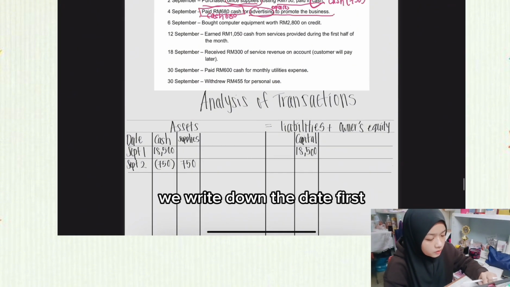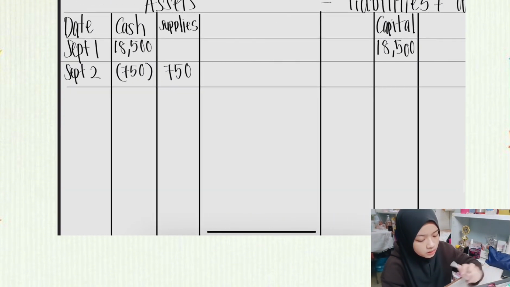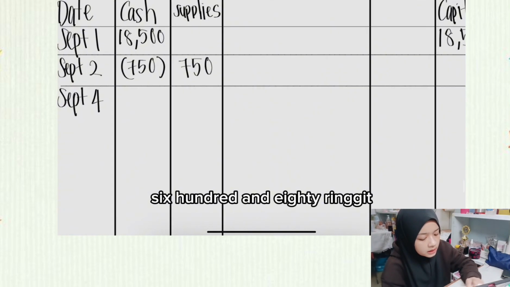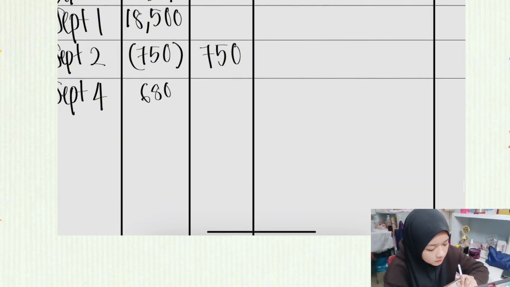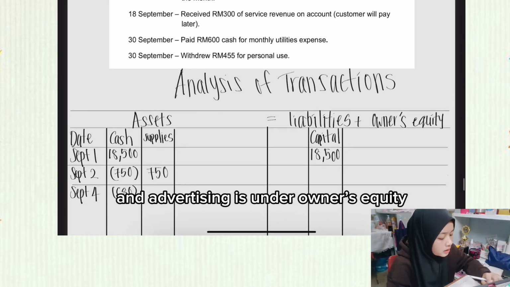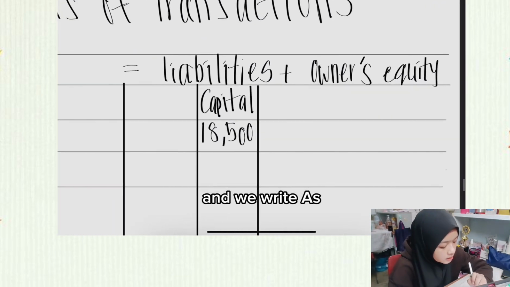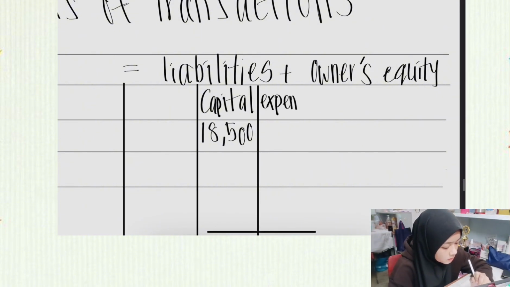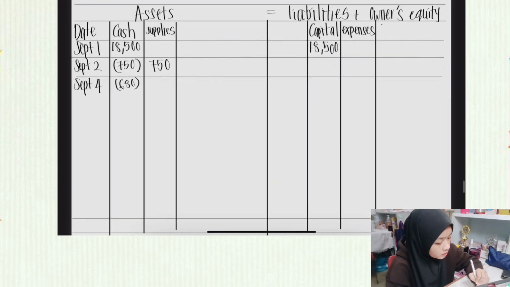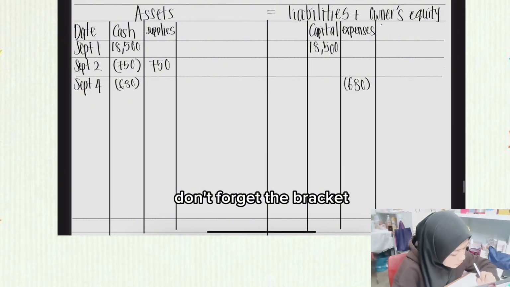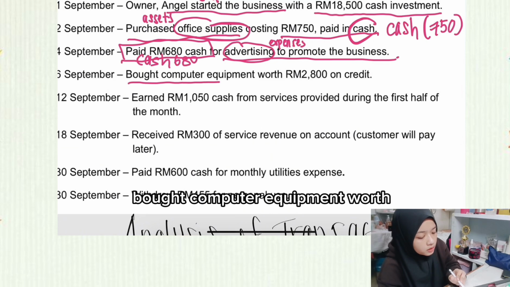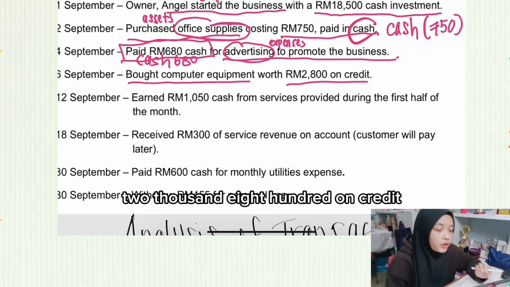So in the column, we write down the date first, September 4, our cash decreased 680 ringgit, and advertising is under owner's equity, and we write it as expenses. Don't forget the bracket.